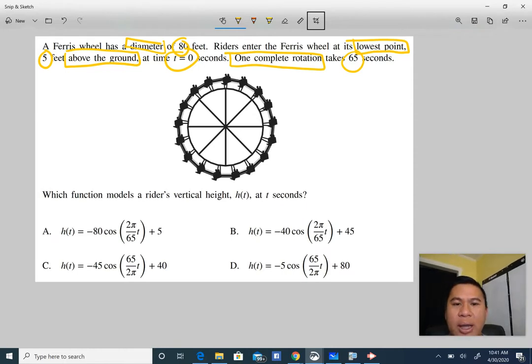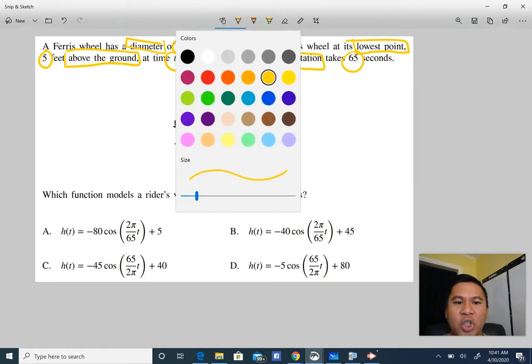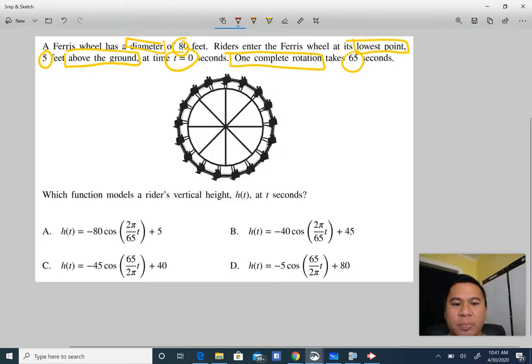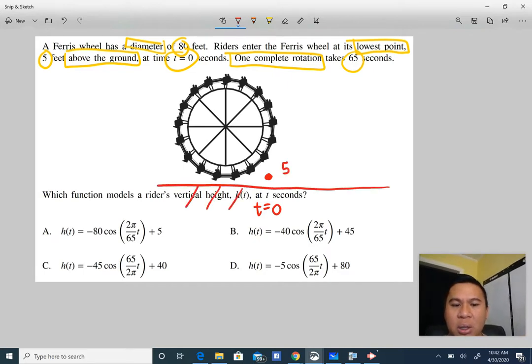Analyzing this one, we can visualize its path as follows. It will start here at the minimum point at t equals 0. It starts at the lowest point, which is 5 feet above the ground. So if we have the ground here, that's the minimum point.